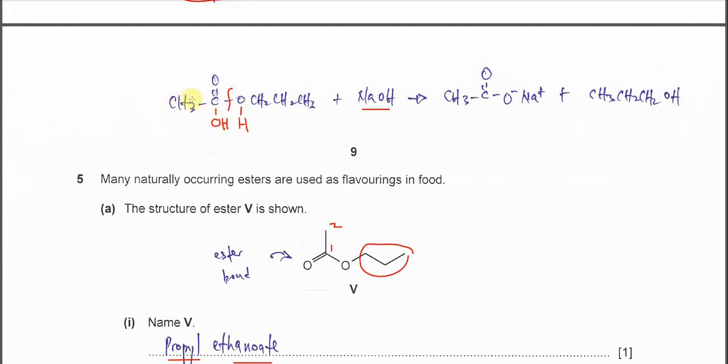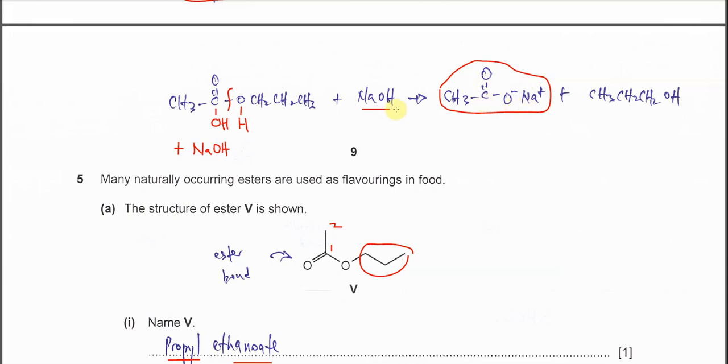And this carboxylic acid further reacts with the sodium hydroxide. Okay, and it will form this salt. So that's how to form this sodium ethanoate, this salt, right?